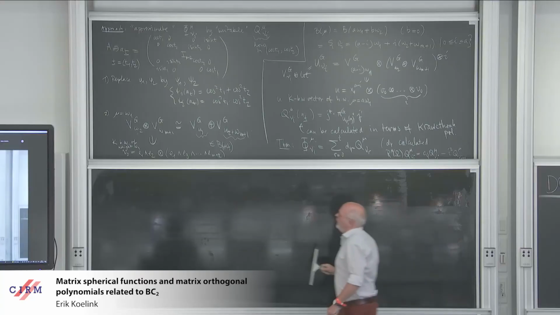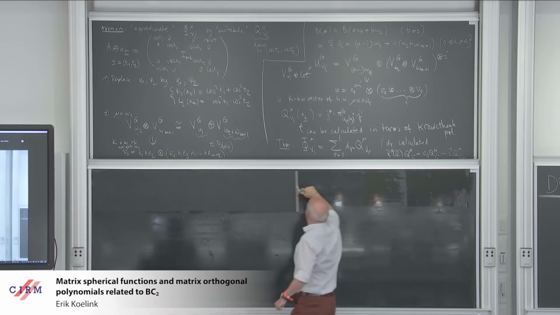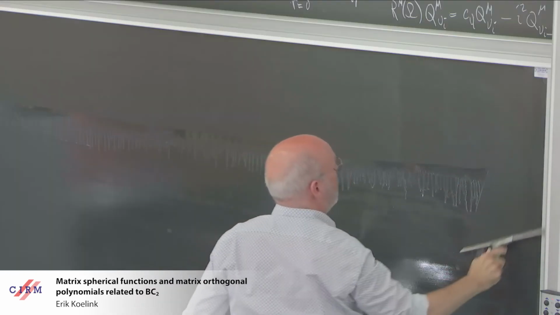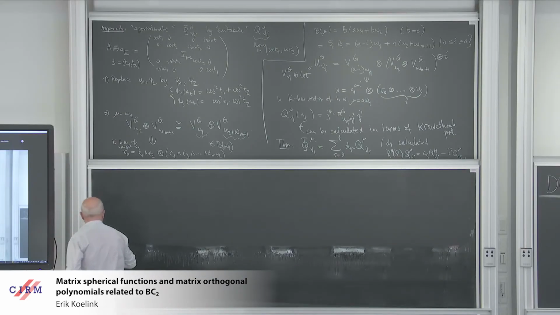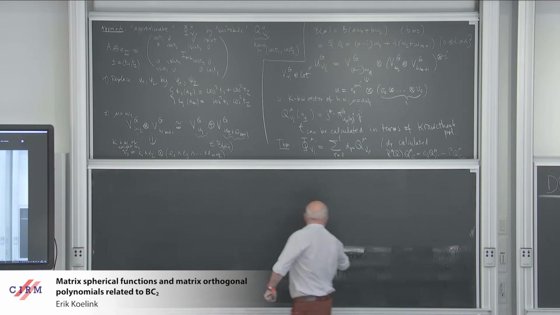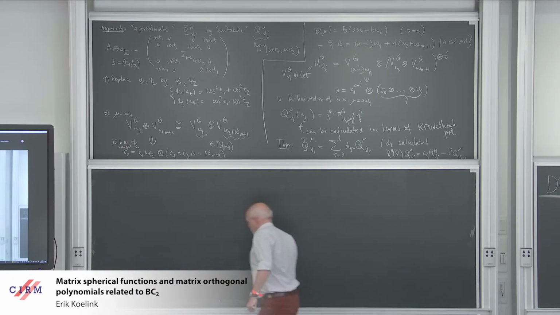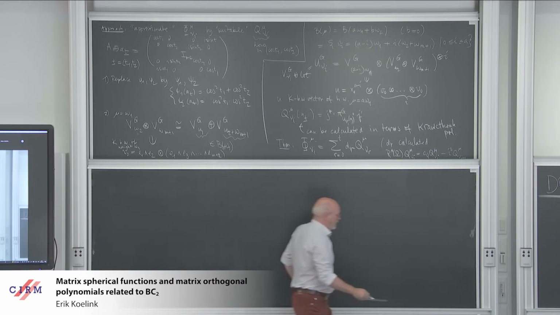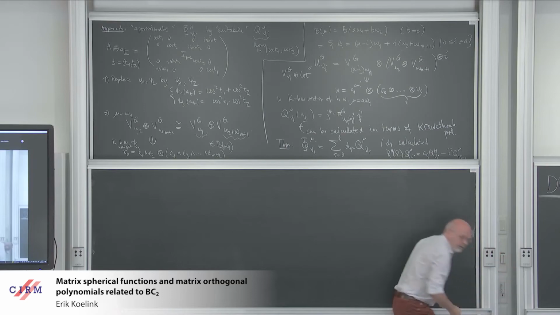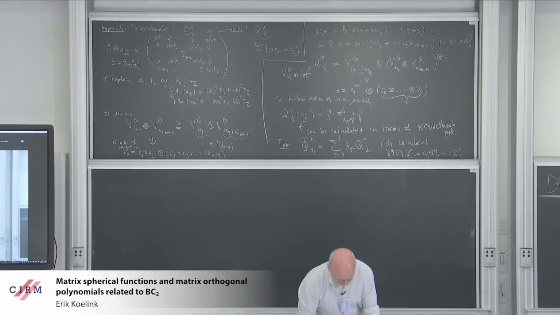And of course, you have to change coordinates in order to match it with the results by Koornwinder and the Heckman-Opdam case. So let me just say that there is an affine transformation of coordinates. Let me not worry about how they precisely pop up, but they do. It's not that difficult. So it's really, again, an affine change of coordinates.